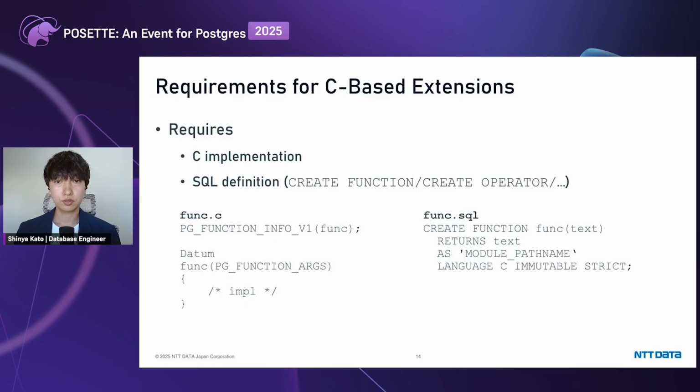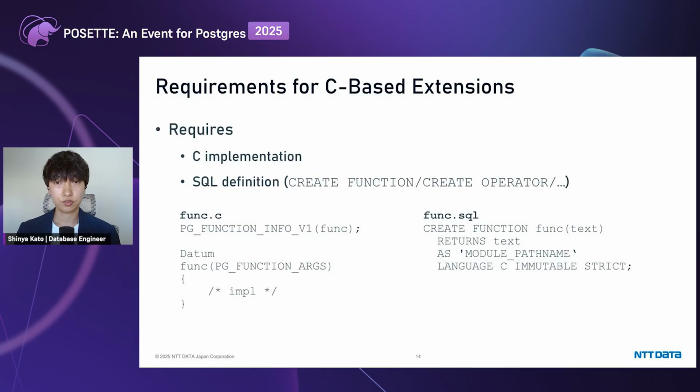When implementing a user-defined function called func and providing it as part of an extension using C, you need both a C source file and an SQL file. On the left, I'm showing the C source file, and on the right is the SQL file. After implementing the function logic in C, you then define the SQL function using a create function statement that calls the C function.